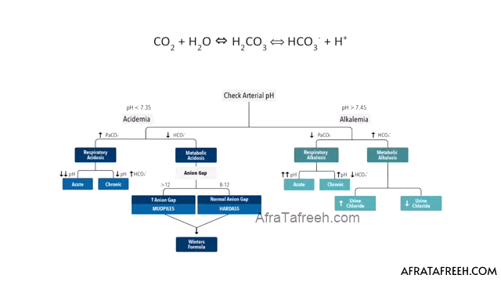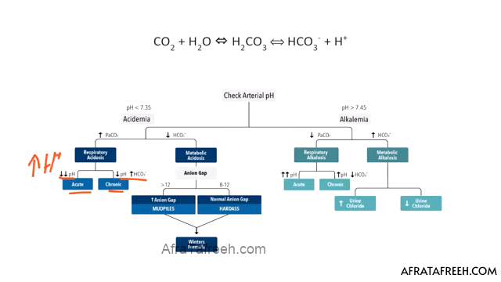So again, from the flowchart, you can see that the major difference between an acute and chronic respiratory acidosis is pH and the concentration of bicarbonate. In an acute respiratory acidosis, the pH is lower than a chronic respiratory acidosis because there is more free hydrogen ions.